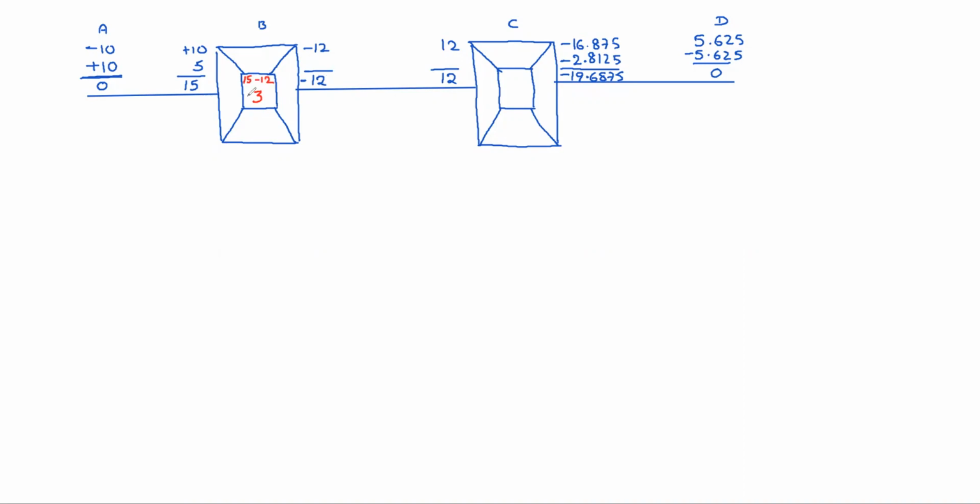Net is equal to 3 here. Similarly, here this 12 minus 19.6875, net is minus 7.6875, and I am directly putting that value here. Okay.